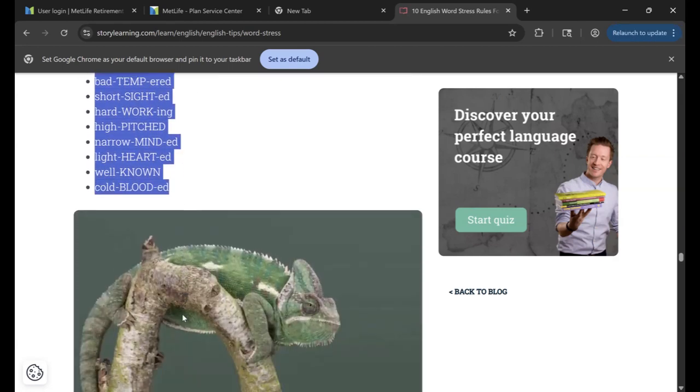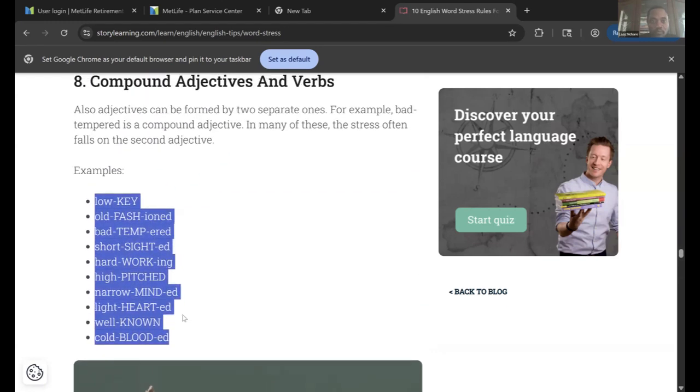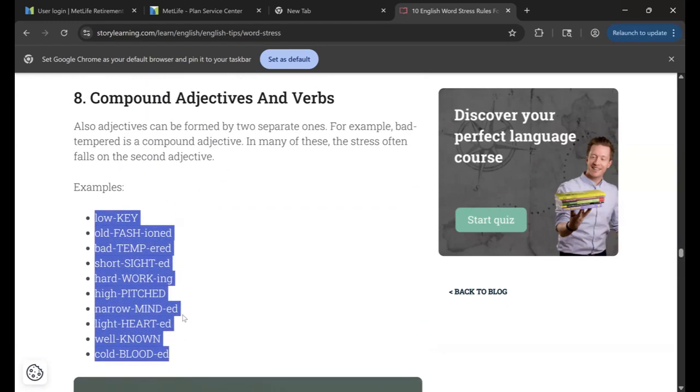Okay? Cold-blooded. Okay. One question. Here, how to understand this kind of composite word or compound adjective? How to understand it? Guess the meaning? Yeah, it's very simple, right?